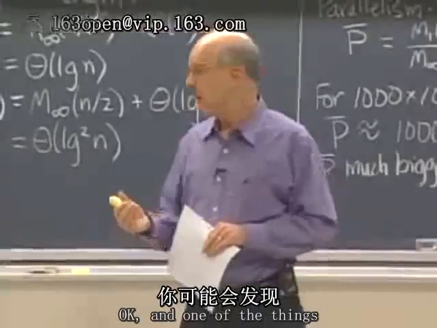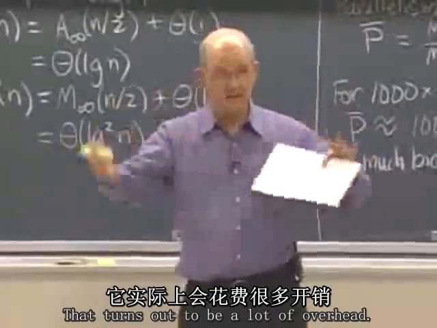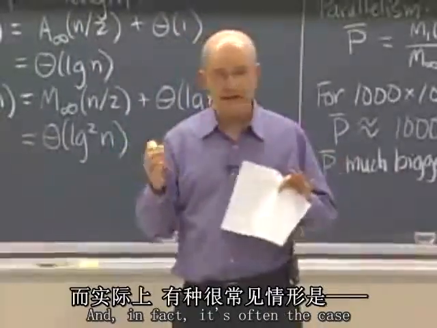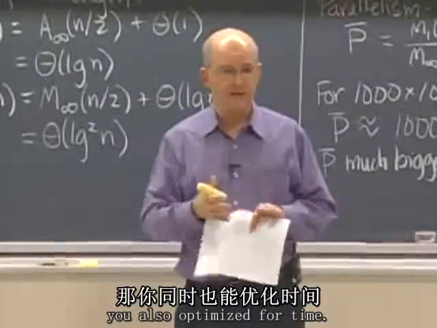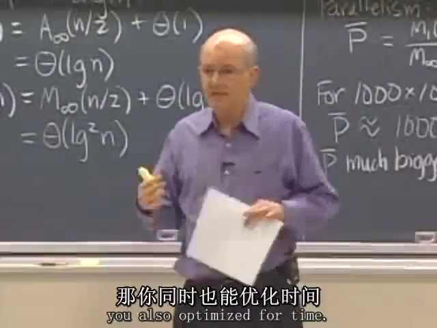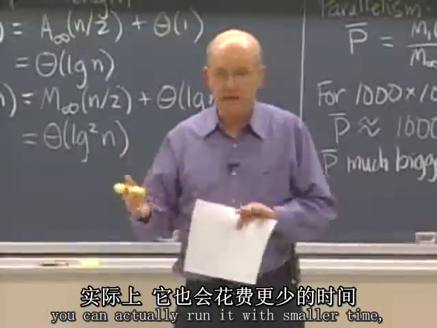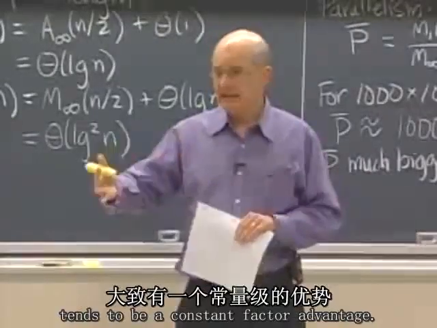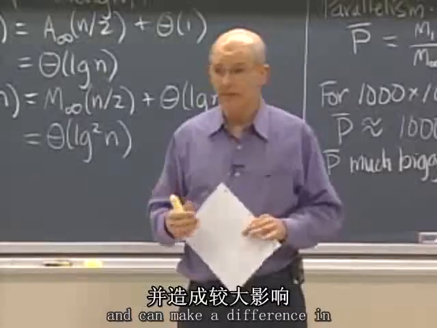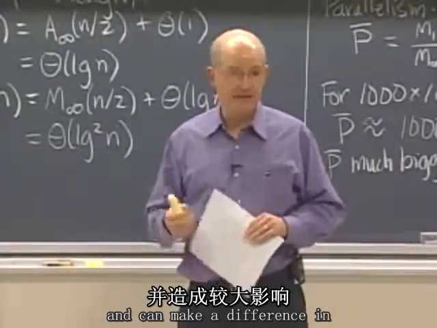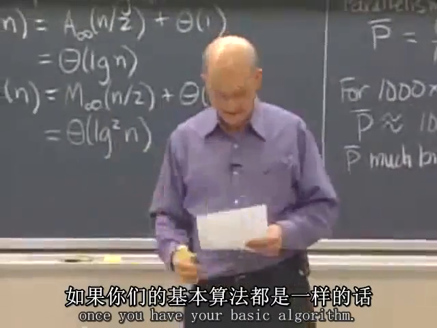And one of the things is that having a large temporary variable turns out to be a lot of overhead. In fact, it's often the case when you're looking at real code that if you can optimize for space, you also optimize for time. If you can run your code with smaller space, you can actually run it with smaller time. It tends to be a constant factor advantage, but those constants can add up and can make a difference in whether somebody else's code is faster or your code is faster, once you have your basic algorithm.